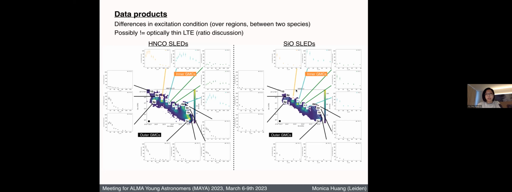As a good contrast, SiO seems to have a similar trend across the entire CMZ. So this is actually a very strong motivation that pushes us towards the non-LTE radiative transfer analysis.